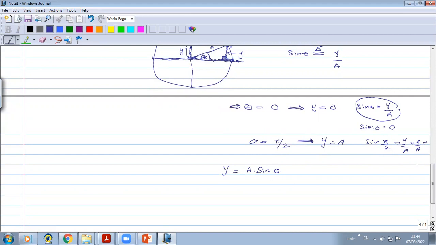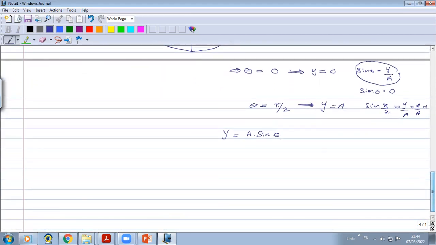You can see that this is some kind of function. This theta, let's take as the independent variable, and this y, let's take as the dependent variable.